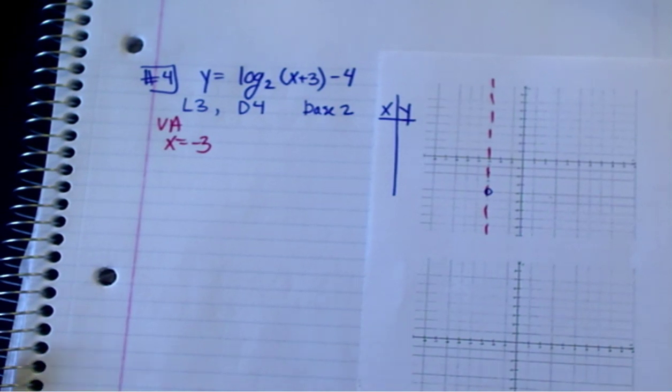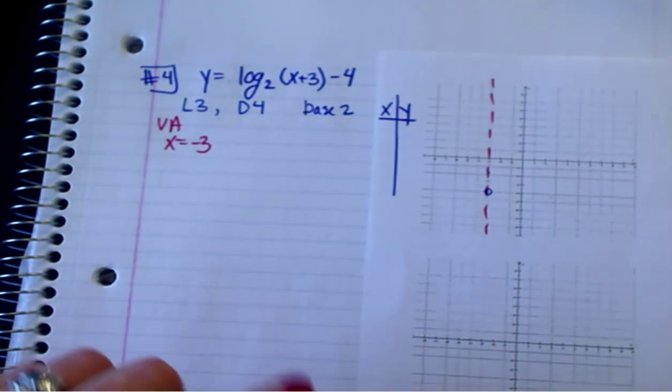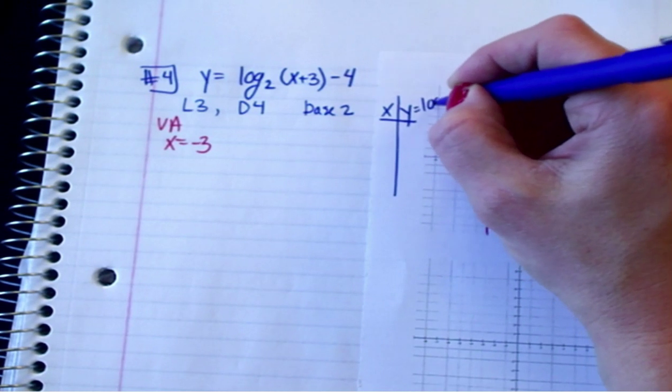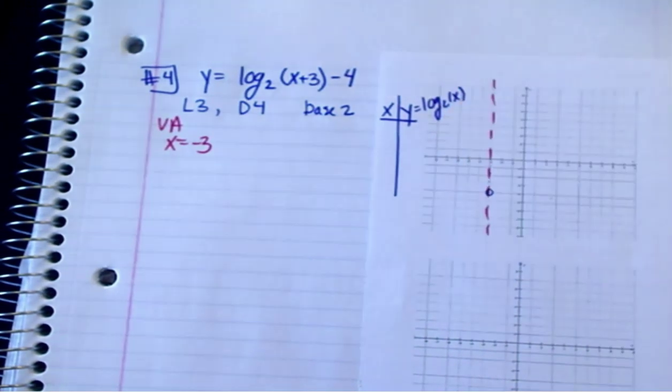Now my points, I've got to do my points compared to the center. So I'm going to take away my transformations, right? That's my parent, log base 2 of x. Pick 1 to 3 points to plot, and then draw your shape. 1 to 3 points is fine. The better you get at it, the fewer points you need. Right?